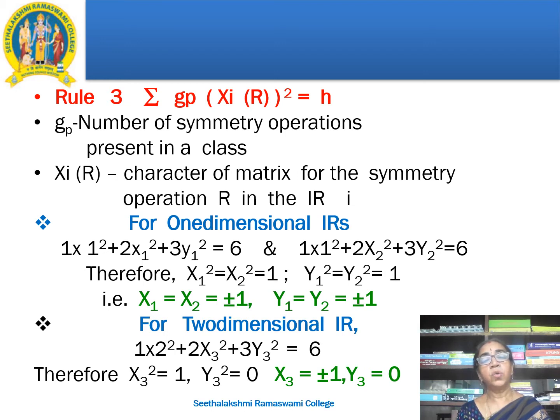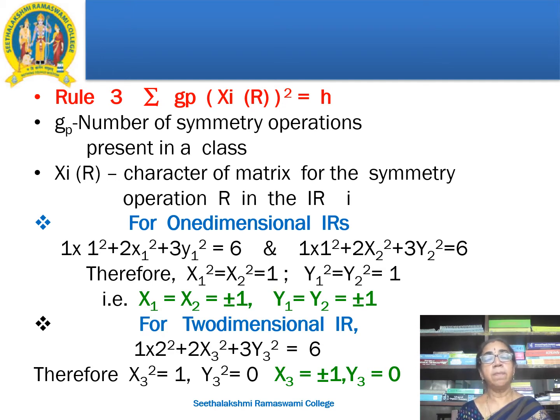First, the two one-dimensional IRs can be considered. Now, rule 3 can be formulated into two mathematical equations for the two one-dimensional IRs. For the first one-dimensional IR, the equation is 1 into 1 square plus 2x1 square plus 3y1 square equals 6.